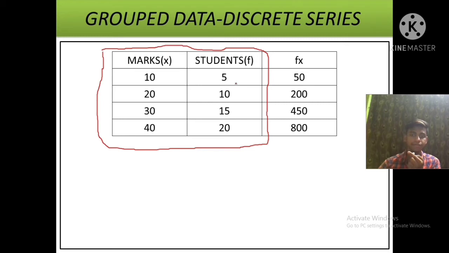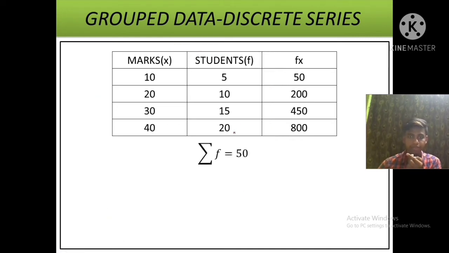Here f is 5, 10, 15, 20, and we have to sum all the f. Summing up the f, we get 50. Now we multiply f with x so that we get the summation of fx. Here 10 into 5 is 50, 20 into 10 is 200, 30 into 15 is 450, and so on.